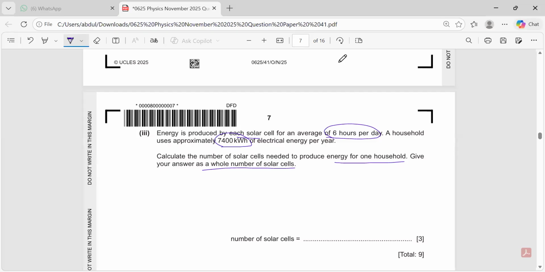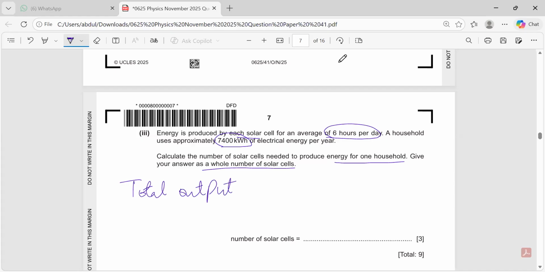Let me write and explain first, then I will complete.